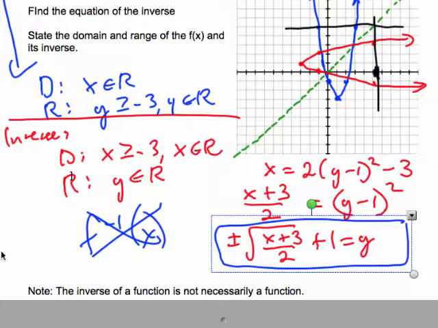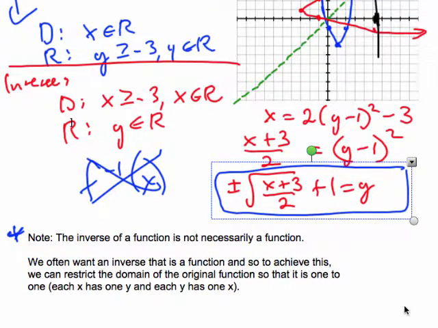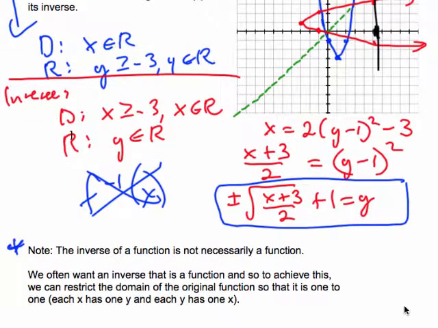So a couple of things I want you to notice here. First of all, the inverse of a function is not necessarily a function. Examples right here. But often when we're working, we want to have an inverse which is a function. So what we do is we restrict the domain of the original function so that its inverse is a function.